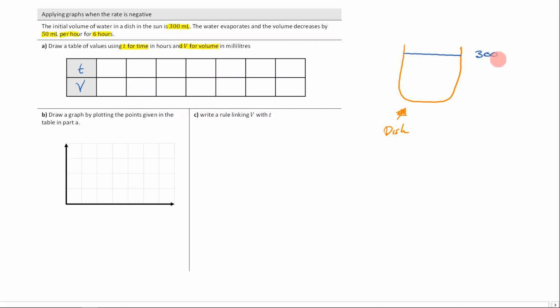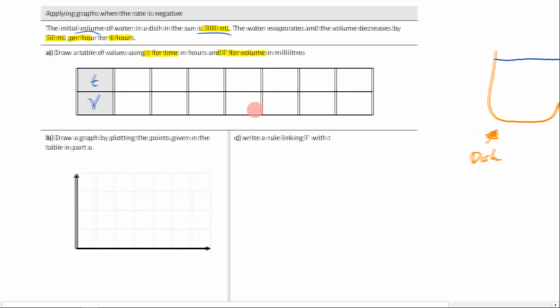It's been left in the sun and the water's evaporating away, which means every hour I'm losing 50 mils. So after an hour, I'm at 250, then I'm at 200. It's slowly going down and down until I get to a point in which I have no water in it at all. But initially, we know it has 300 milliliters because that's what it says. The initial volume is 300 milliliters.